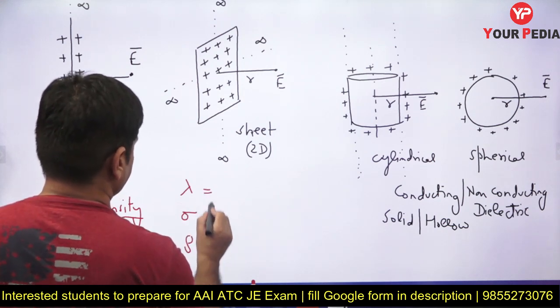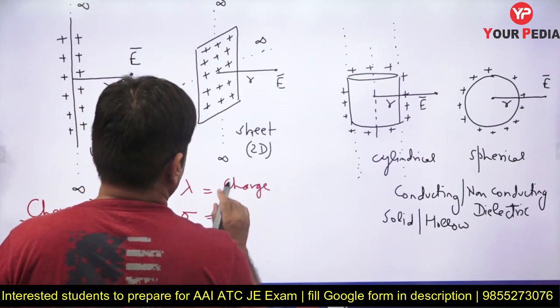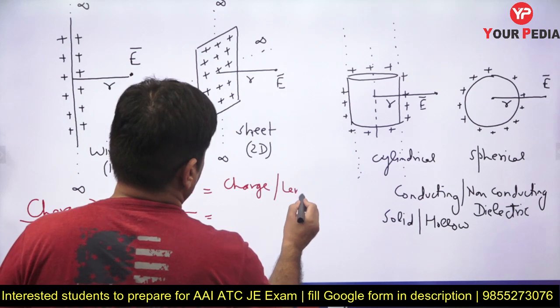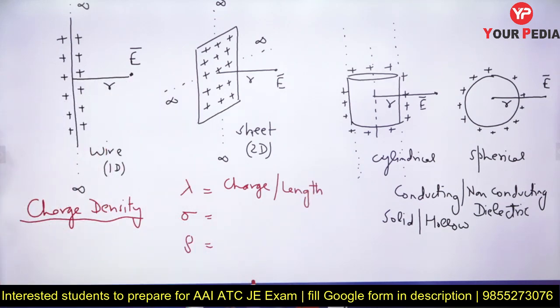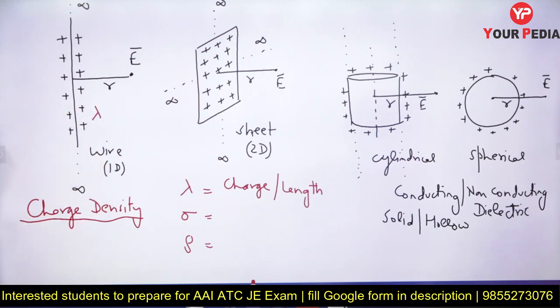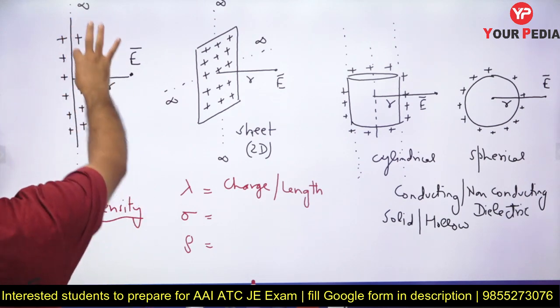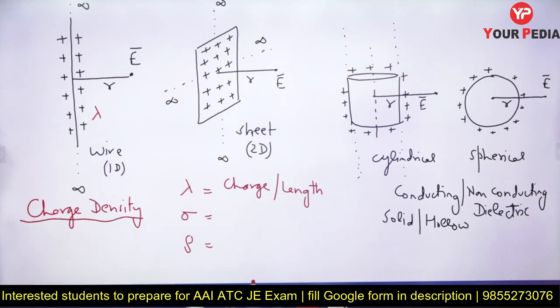First, charge per unit length is called linear charge density. Let us say this is lambda, the linear charge density. Now suppose I want to find the charge in a particular length L, then I multiply lambda with L and I get the charge over length L.